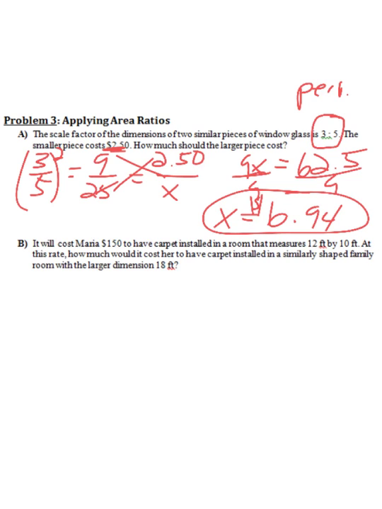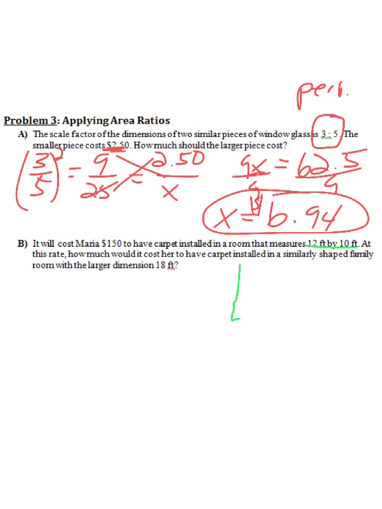Part B. It will cost Maria $150 to have carpet installed in a room that measures 12 feet by 10 feet. At this rate, how much would it cost her to have a carpet installed in a similarly shaped family room with a larger dimension of 18 feet? So we've got a 12 by 10.